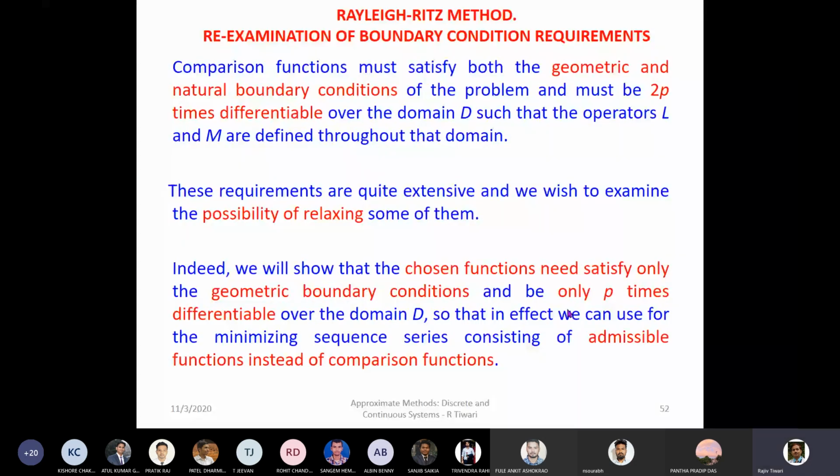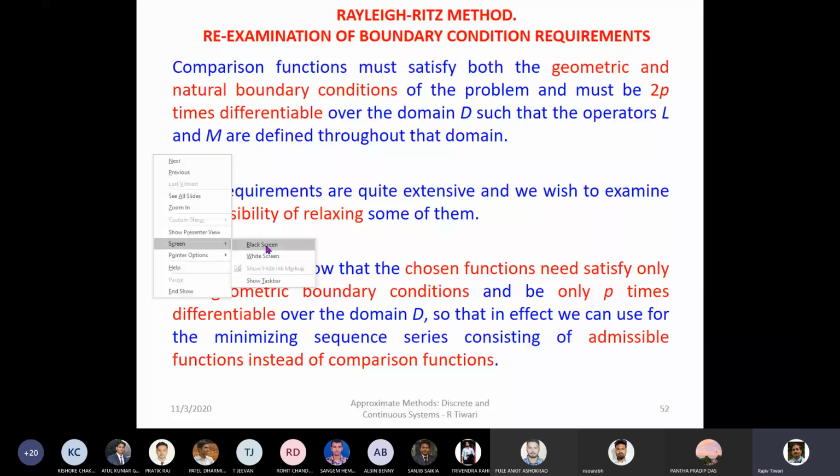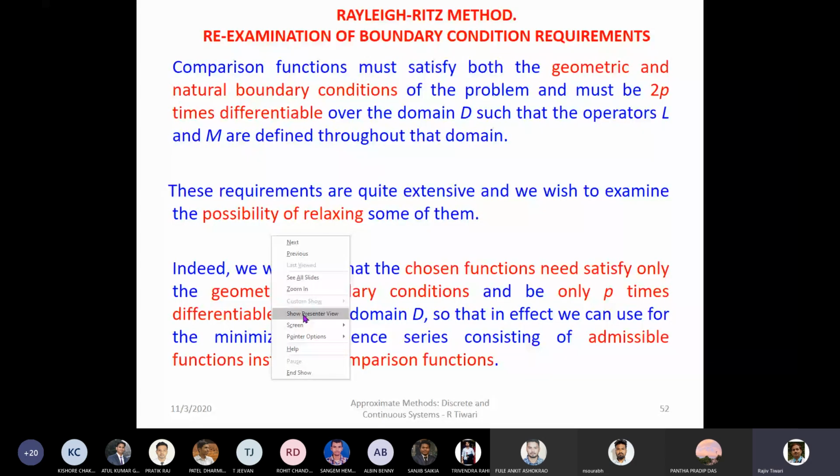Rayleigh-Ritz method, re-examination of the boundary condition requirement. As I mentioned, the comparison function requires geometrical and natural boundary conditions to be satisfied, and it must be 2P times differentiable.